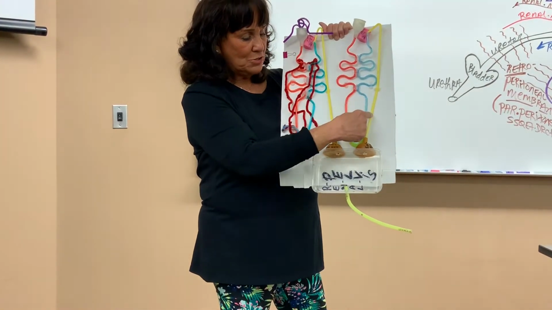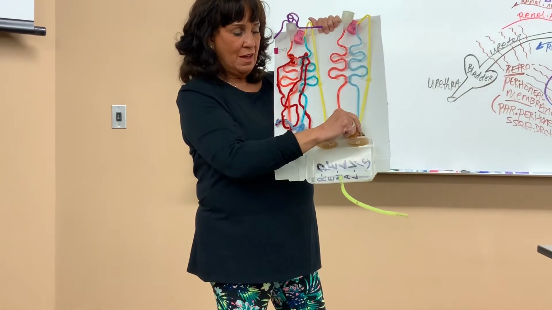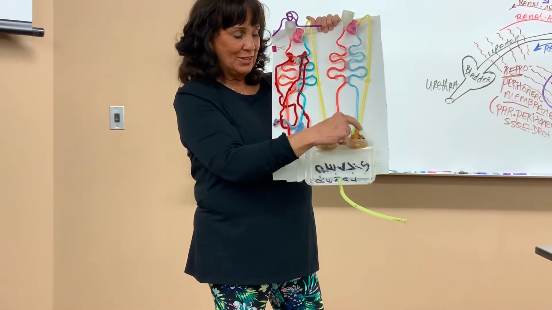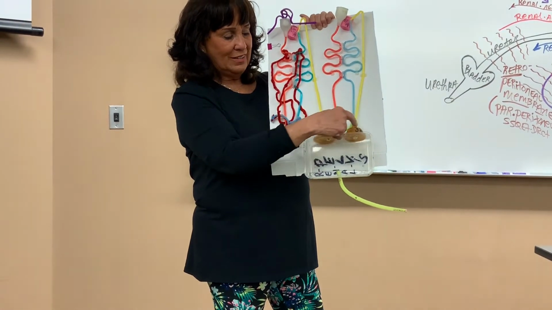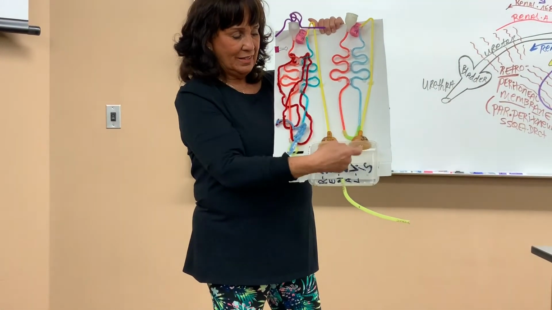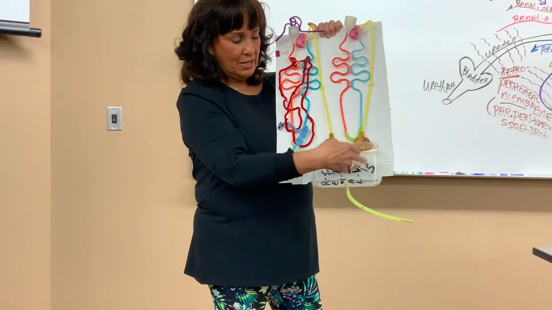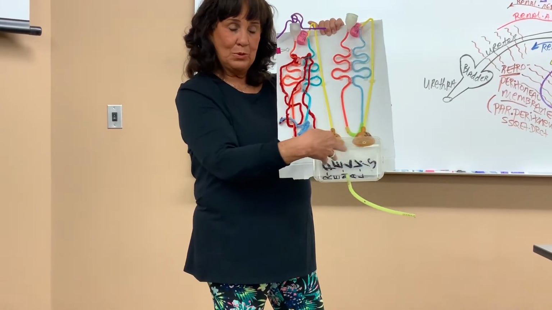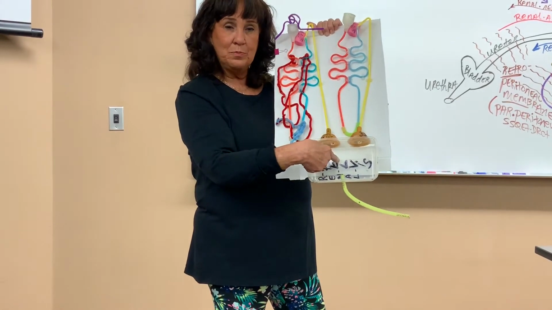The straight tube is going to drain into the minor calyx, which is this baby bottle nipple thing. So this is the minor calyx, this is the major calyx, and then all the urea and the water is going to come down into the big lake or swimming pool here, and that's called the renal pelvis.